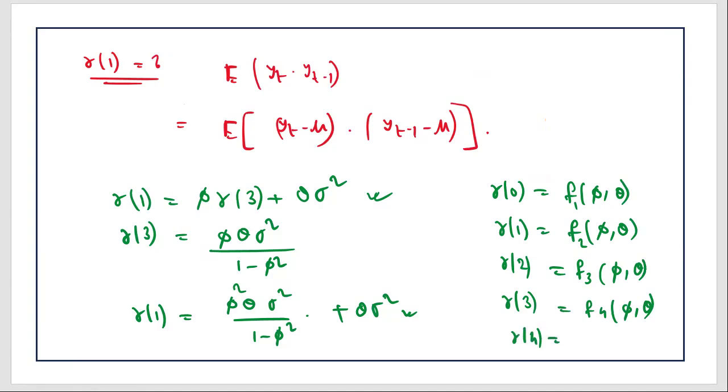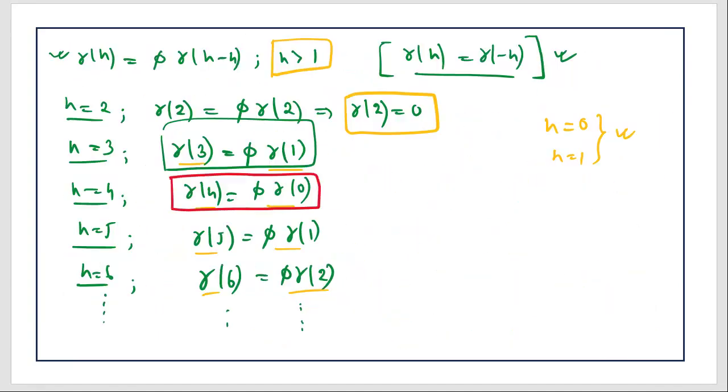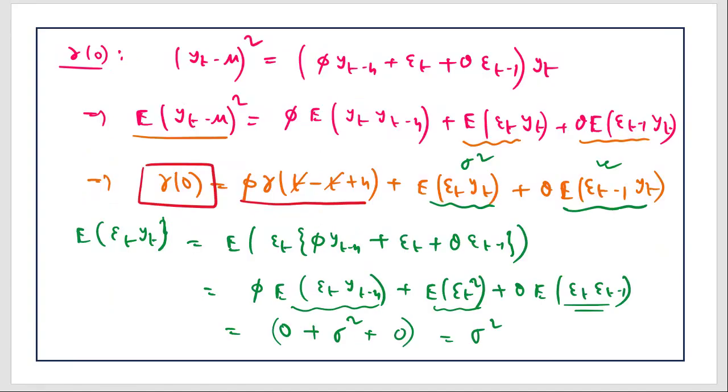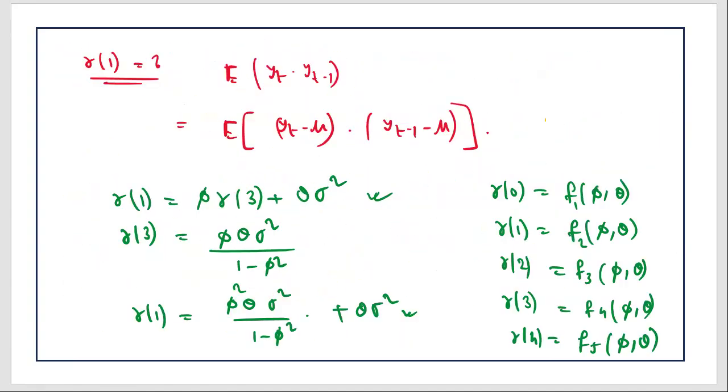Gamma 4 in terms of phi and theta. And if you have all these values, you can use this recursive relationship here, 5, 6, 7, 8, 9, 10. So you can recursively use this relationship to find out all the autocovariance functions, right? So this is how you solve this entire thing. You have to use the recursive relationship to solve this.